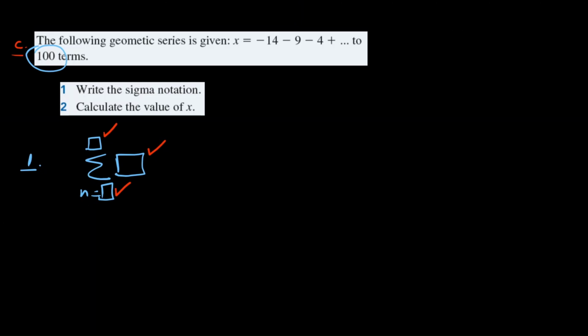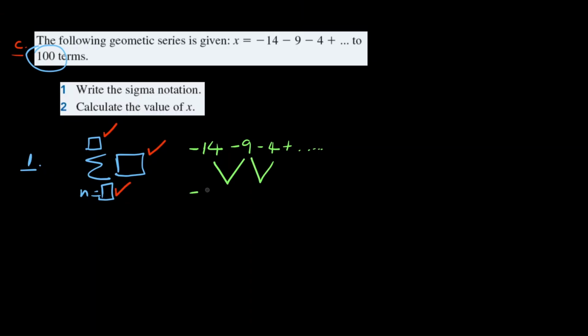So let's analyze our sequence. We're given that our series is negative 14, negative 9, negative 4, plus it continues. So we need to establish what this series is. Visually we can see that it looks like an arithmetic series.